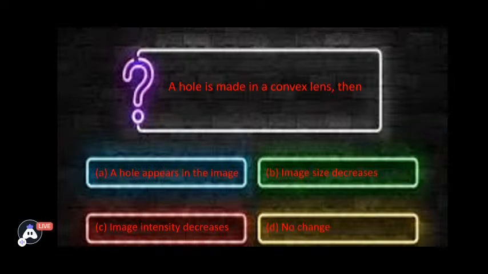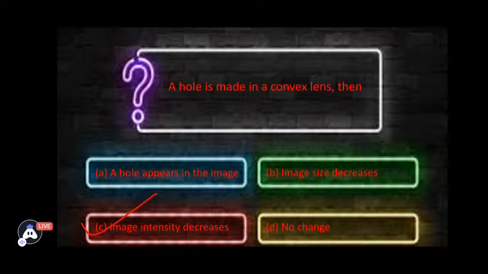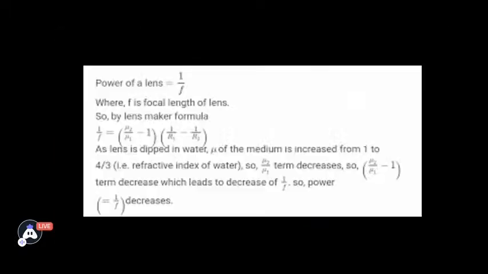So when we covered the lower half of the convex lens with the black paper, we observed that the image was completely formed, but the intensity of the image got reduced. Yes, so the same will happen here. If a hole is made in the convex lens, then what is the correct observation? Image intensity decreases. That would be the correct option.